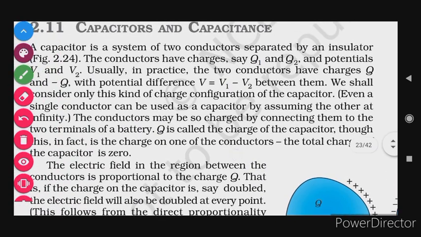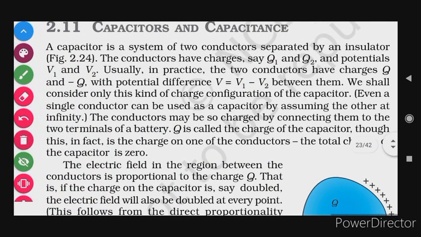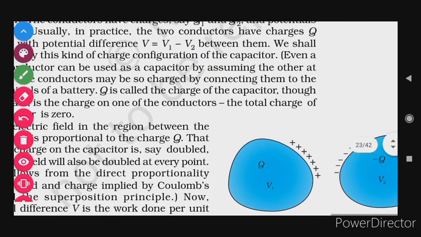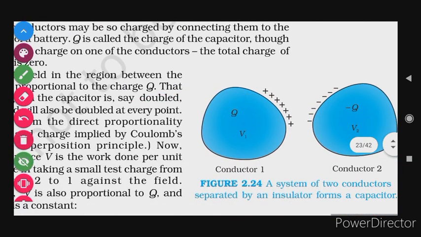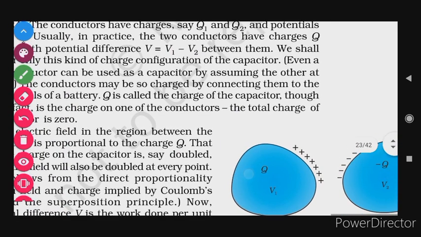Usually in practice, the two conductors have charges q and minus q, with potential difference v equal to v1 minus v2 between them. We shall consider only this kind of charge configuration of the capacitor. As you can see, the charges are equal and opposite, and the potential difference will be v1 minus v2 between the two charged conductors.